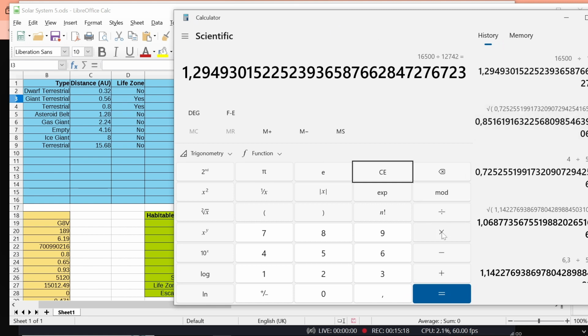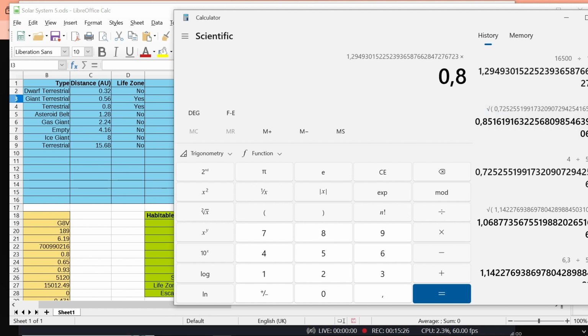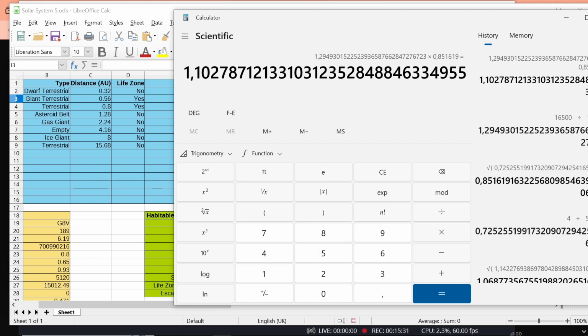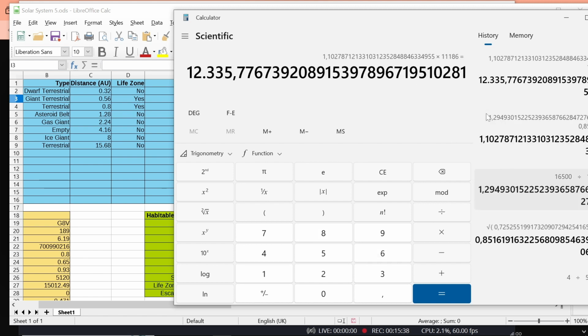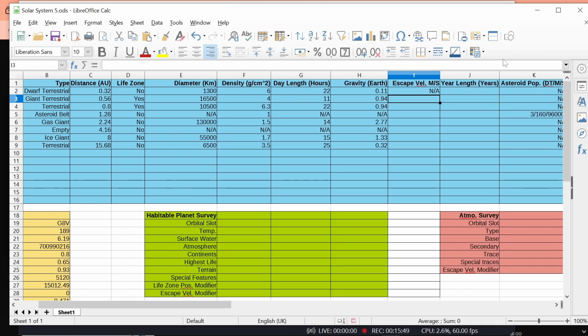We multiply that by this number over here, 0.851619, giving us this number, and then we multiply that by 11186, giving us, that's much more realistic, 12,335.7. 12,336.